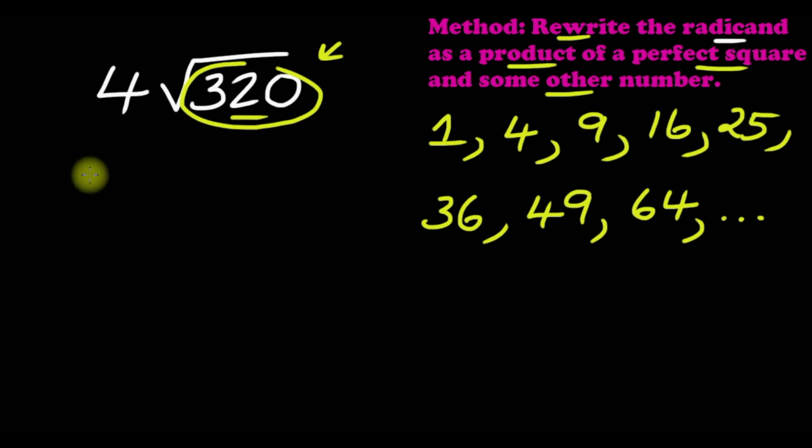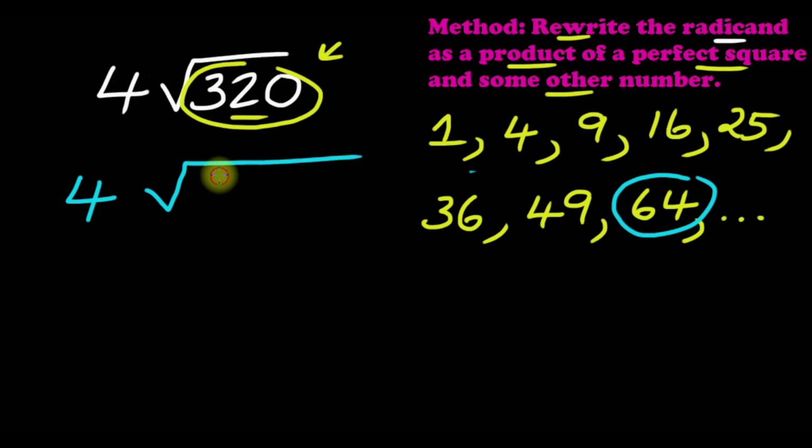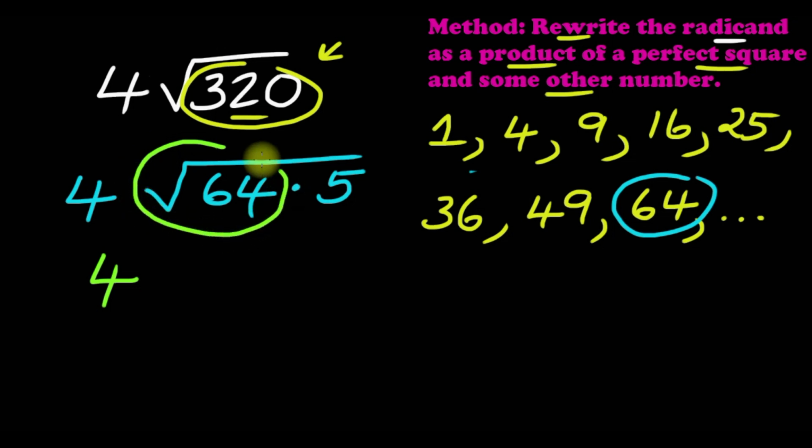Okay, so here we have 4, bring down the 4, and then the square root of 320. So which one of these numbers can go into 320? Okay, looks like we can use 64 because 64 goes into 320 5 times. So we're going to rewrite 320 using 64 times 5. Continuing to simplify, bring down the 4, and then we know what the square root of 64 is.